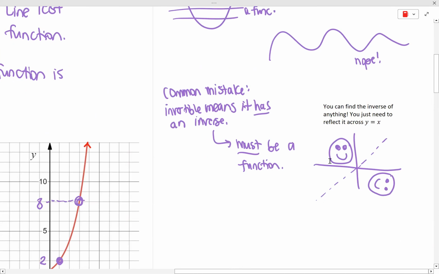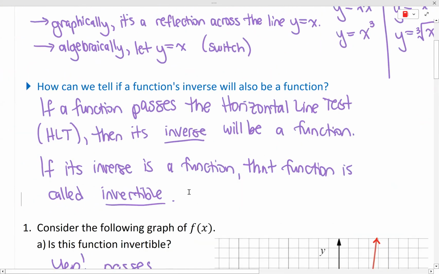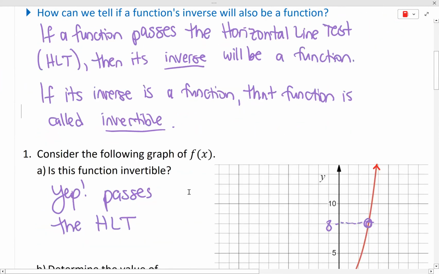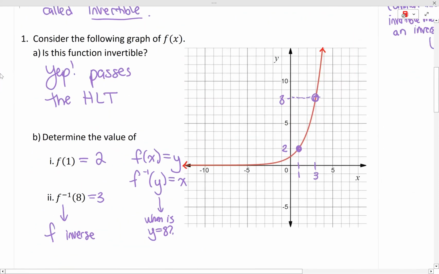Here you could find the inverse of a smiley face by reflecting it across the line y equals x. So you can find the inverse of absolutely anything, which is why the word invertible actually means that the inverse is a function. Looking at this example here, just keep in mind the notation. This little exponent of -1 means inverse.